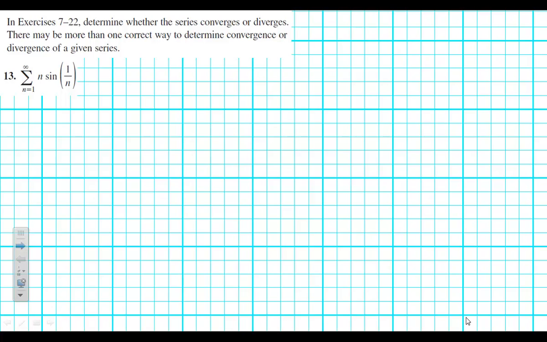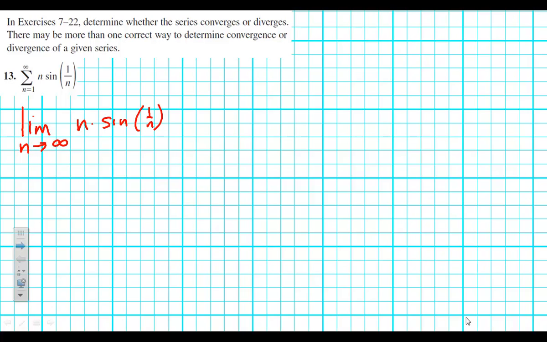It could be that as n goes to infinity, n times sine of 1 over n goes to infinity. It could happen, in which case this problem is relatively easy to do. If the terms keep on getting bigger instead of smaller, the series ends up being divergent. Let's try that.